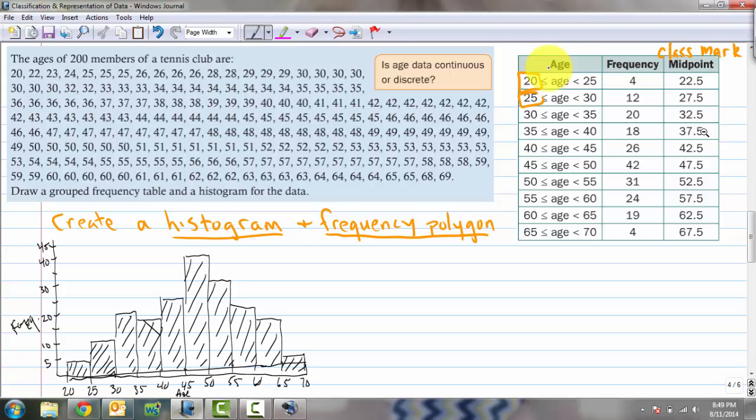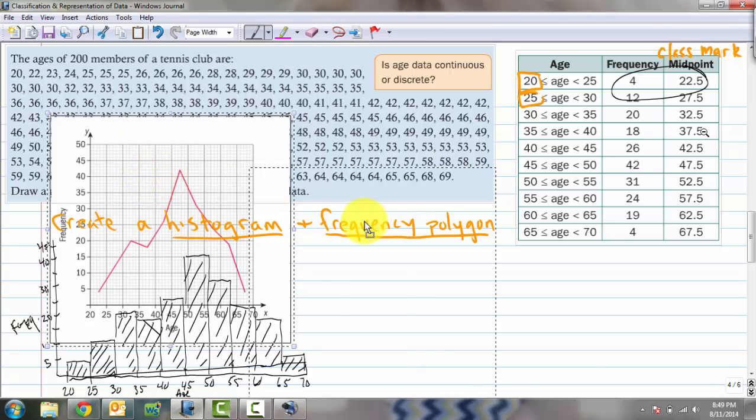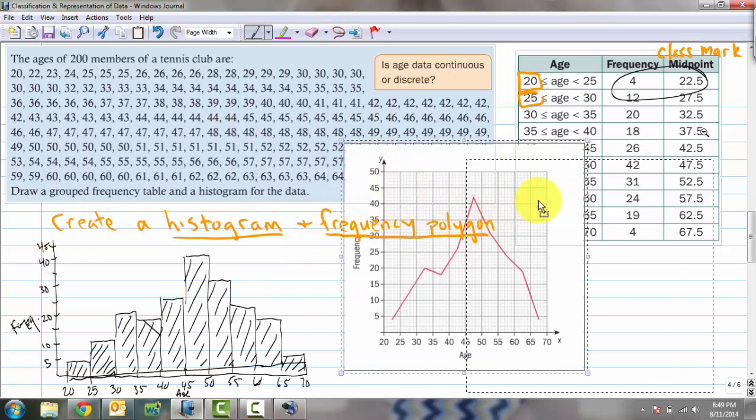And the frequency polygon, what's going to happen is it's basically a connected dot plot. And what we're going to do is we're going to be plotting ordered pairs essentially here. So the x-coordinate will be 22.5. Above that, we're going to go to a height of 4. The next x value on the x-axis is going to be 27.5. We're going to go up to 12. And this looks like this picture.